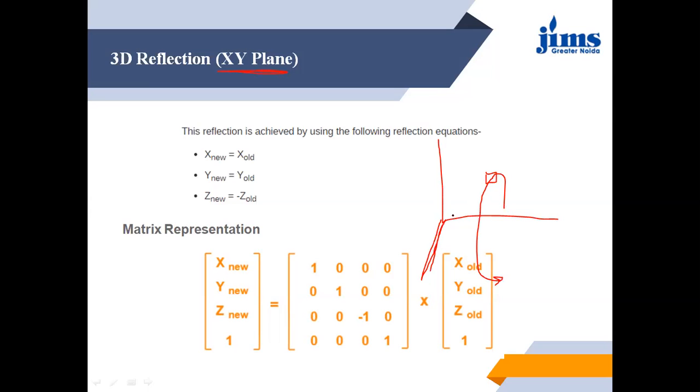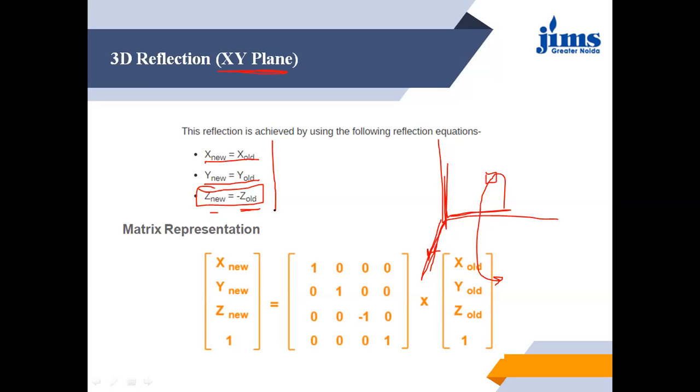Only the value of z changes from positive to negative; the value of x is the same and the value of y is the same. So when we reflect the 3D object with respect to the xy plane, x new equals x old, y new equals y old, and only z changes: z new equals minus z old. So these are the equations.